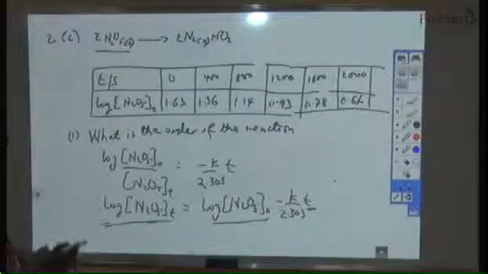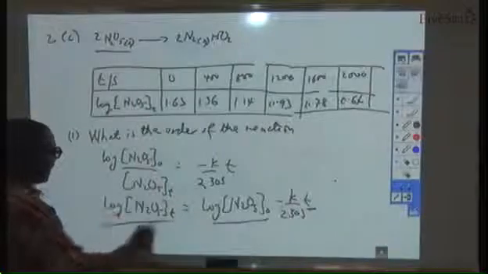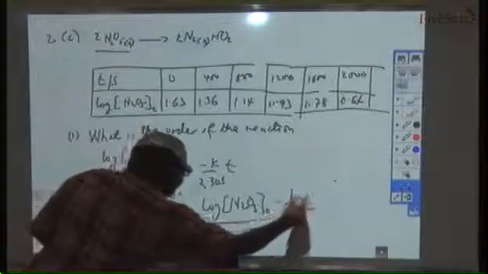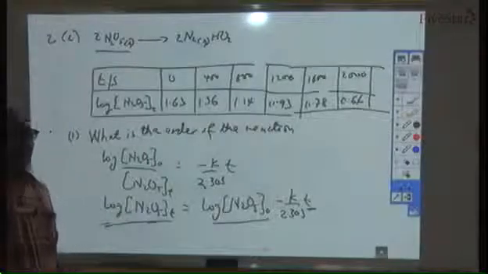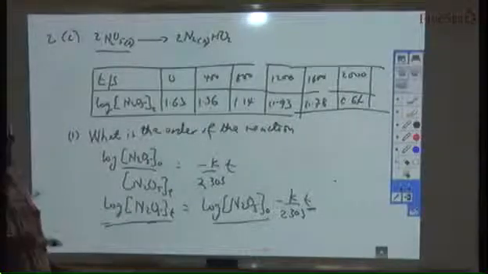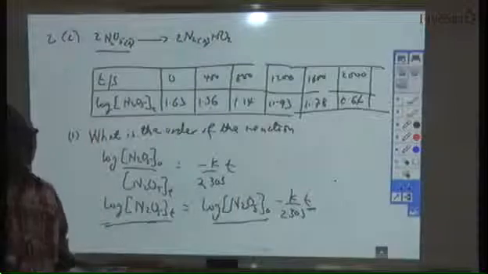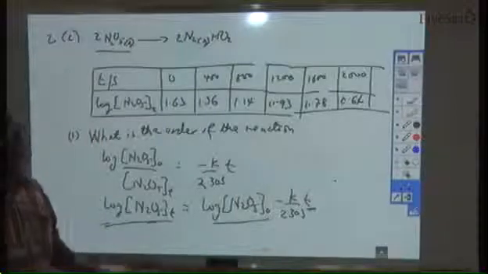Therefore, plotting this one against t, it means that you are testing this data whether they come from the first order reaction.